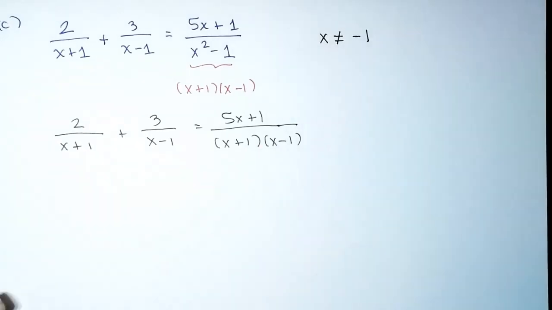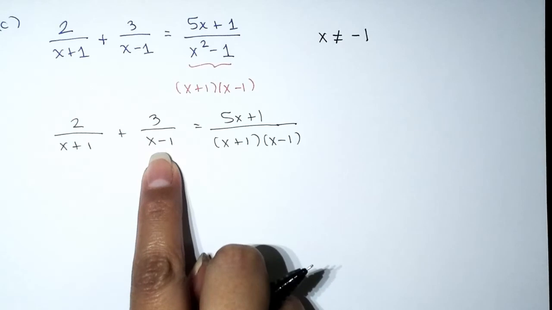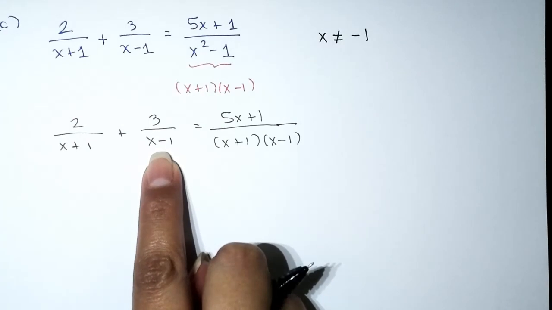Cool. What else makes another denominator equal to 0? Let's look at this bad boy. X minus 1. If we want to know what makes it a 0, then we set it equal to 0. When we set it equal to 0, after we add 1 to both sides, that's going to give us x equals 1.